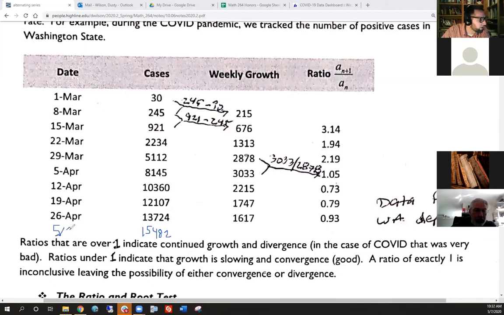Can somebody, you got your texts and friends out, can you tell me what this growth is? That looks like 1,700, 58. Okay. Notice that's more new cases than the previous week. So this is going to be a 1 point something.